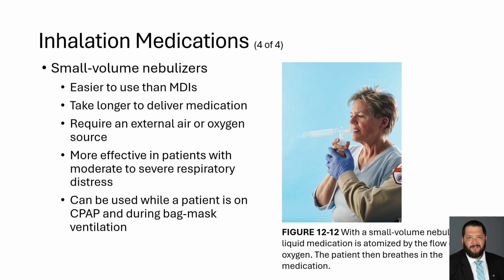It does take longer to deliver the medication than the metered dose inhaler, and it requires external air or oxygen to power that nebulizer device. It's more effective in patients with moderate to severe respiratory distress, and it can be used in conjunction with other airway tools such as a non-rebreather mask or a CPAP or a bag valve mask to deliver medications while assisting ventilation.